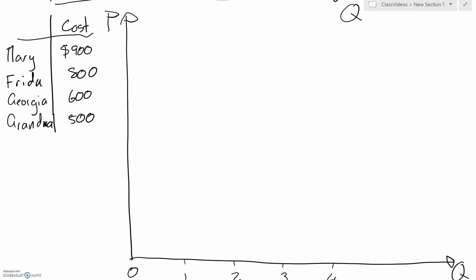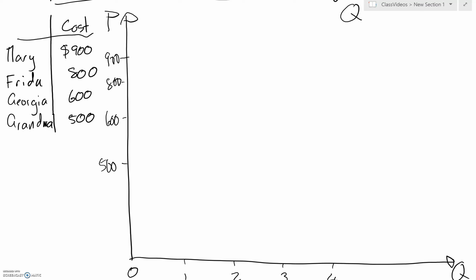And the interesting prices here are going to be at, and I won't draw this to scale, but it'll be close, 900, 800, 600, and 500.